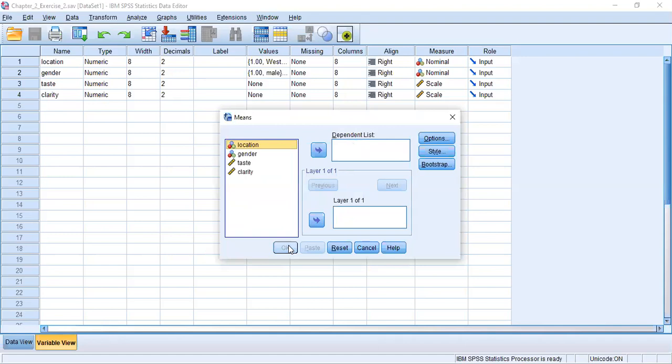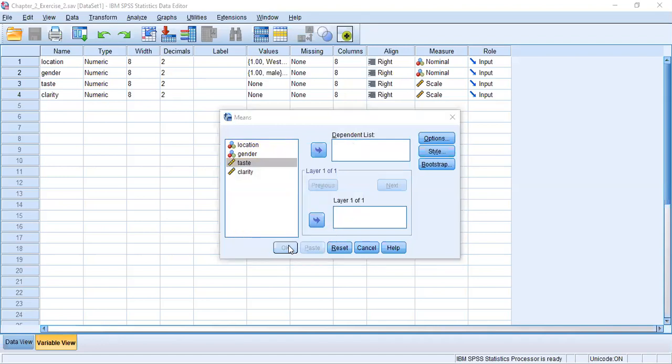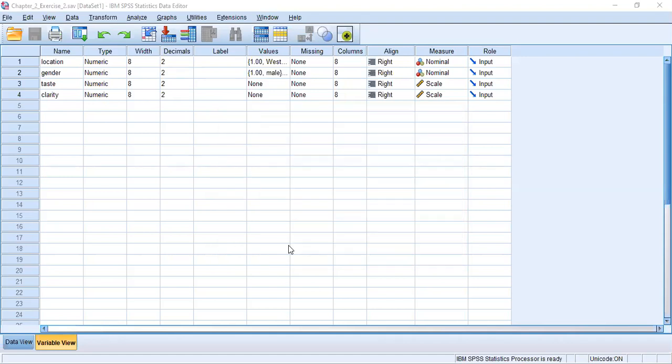So I'll move taste and clarity to the dependent list, and location and gender layered by location was the question basically. So layer 1. Next is the location part. So when I say OK, here you have the answer coming up.